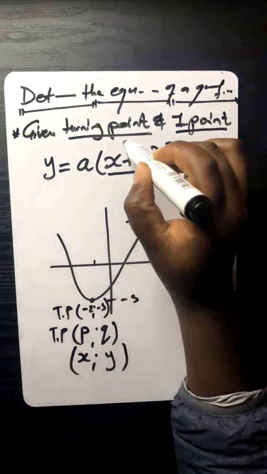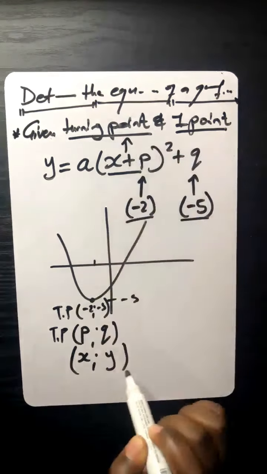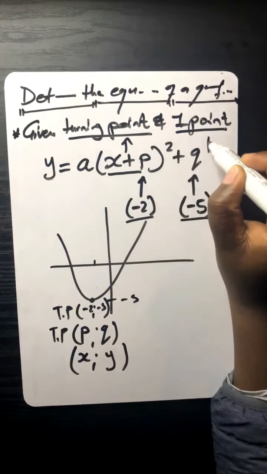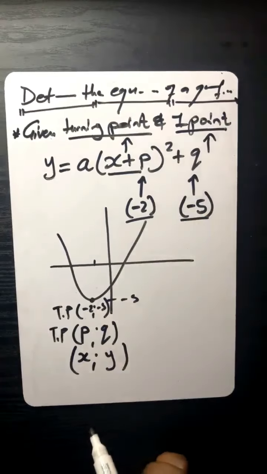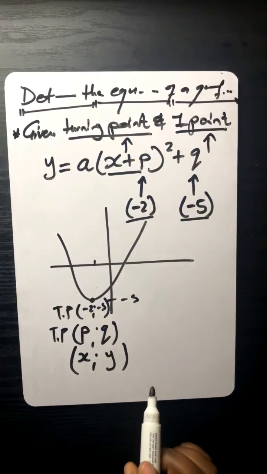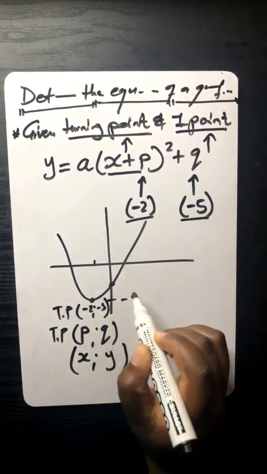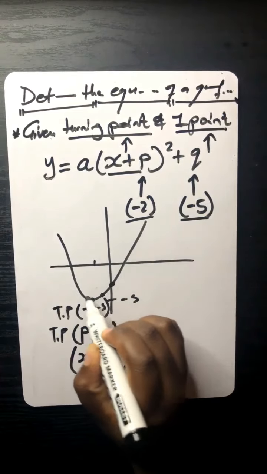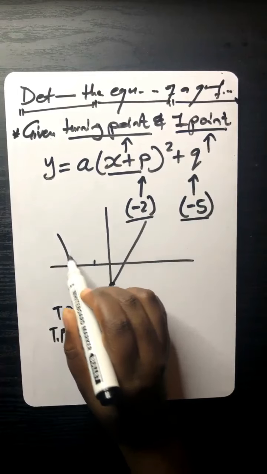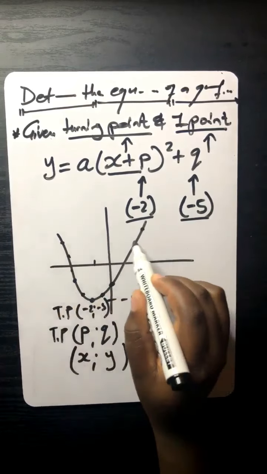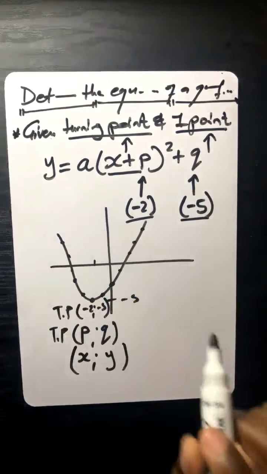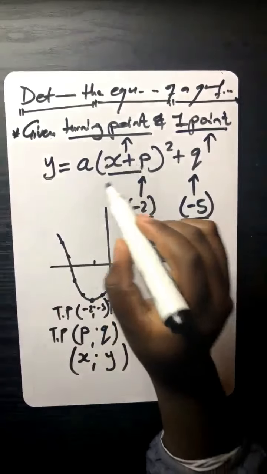So what I've explained just now is that part of the turning point. The other thing that you need to do is to substitute that one point. It could be that point there, a point somewhere there, any point along that function, guys. So this is where you substitute that point.